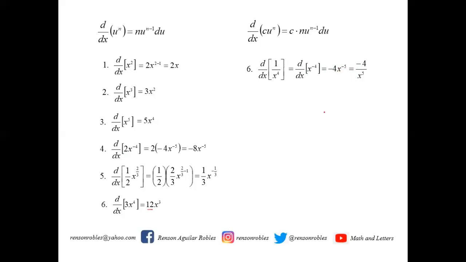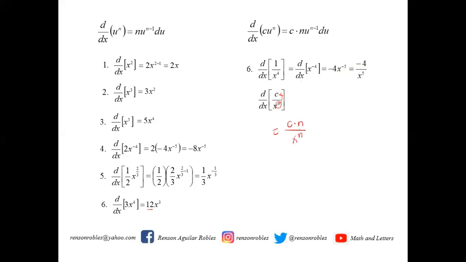Now, from this example, we shall generate a special formula for the derivative of c all over x raised to n. What you are going to do is multiply this n to c, so you have c times n, and then you copy x raised to n.